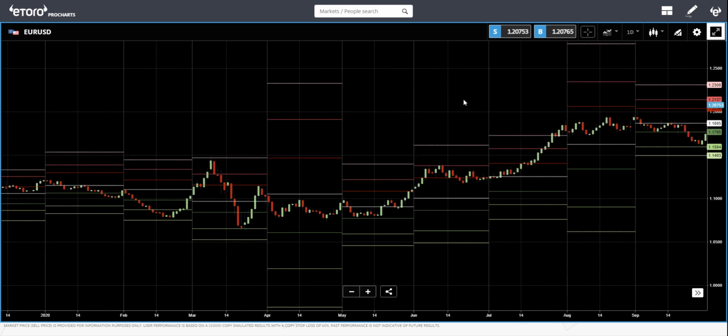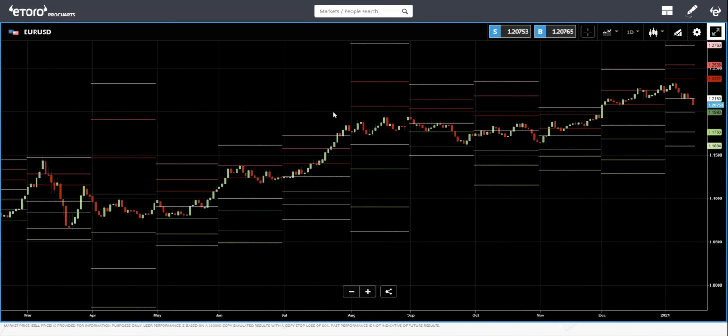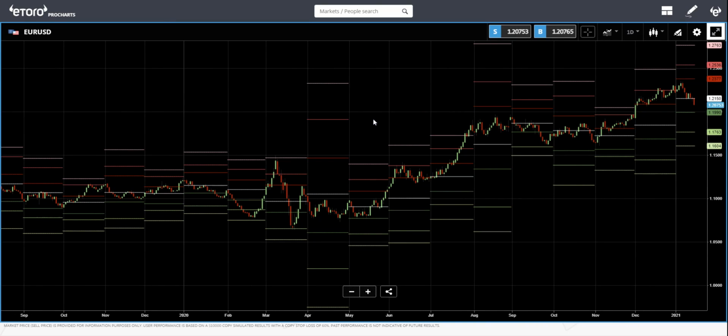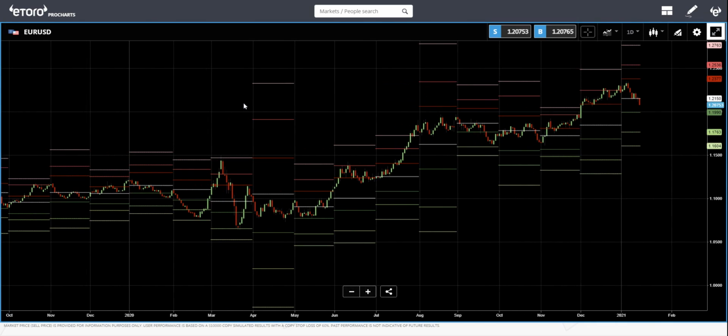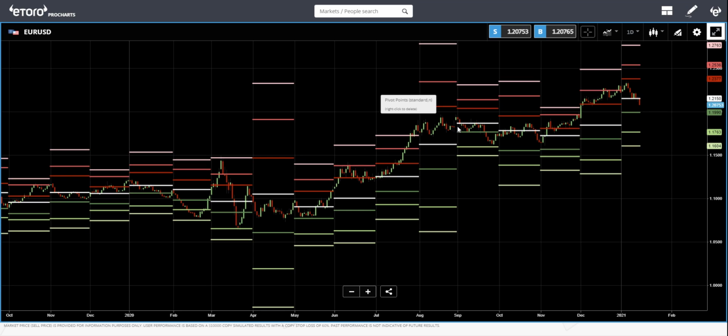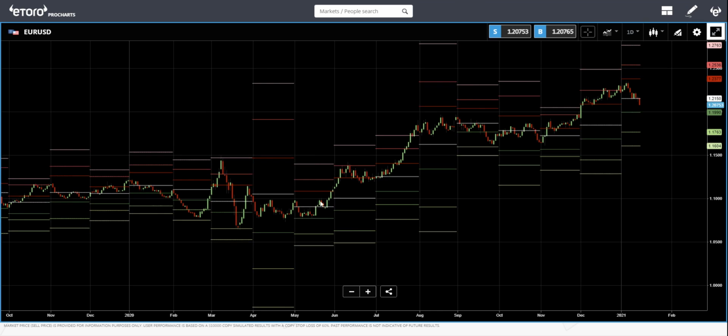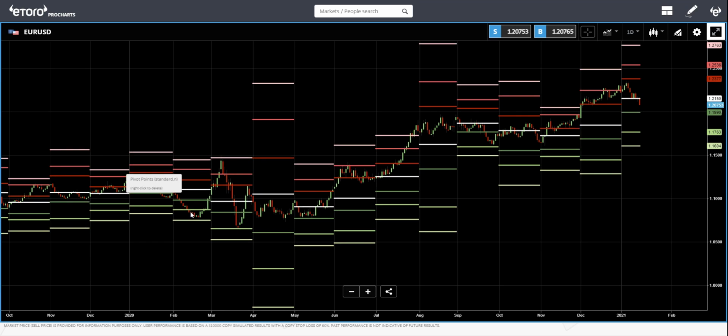I hope you learned something today, and just as a recap of what I said, we can use the pivot point indicator as a trend indicator, so it identifies the trend.